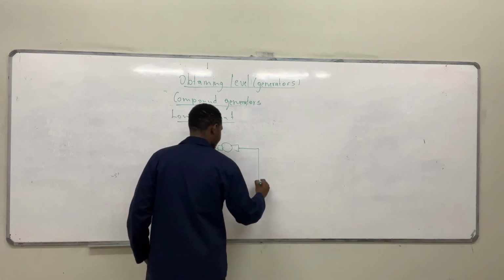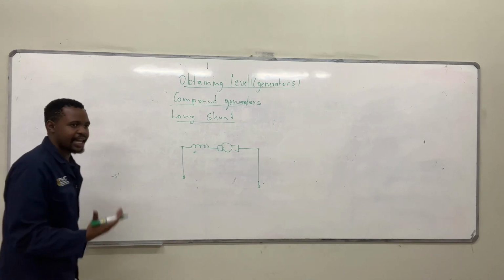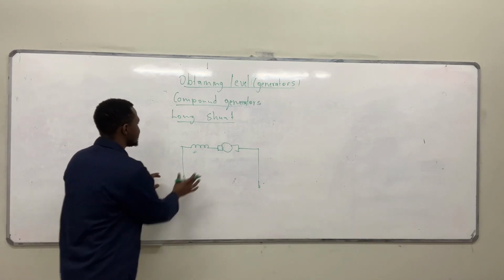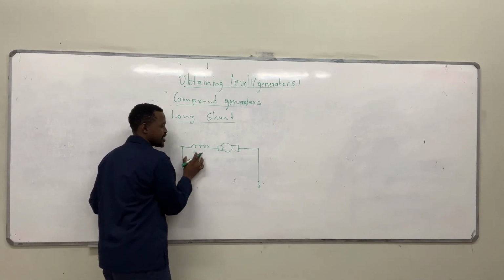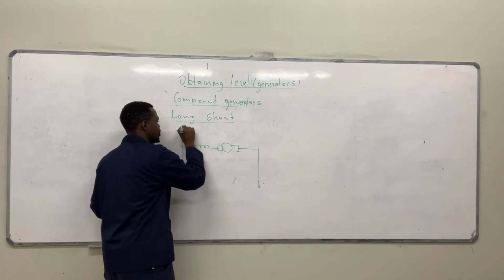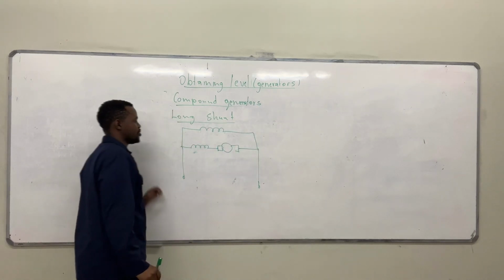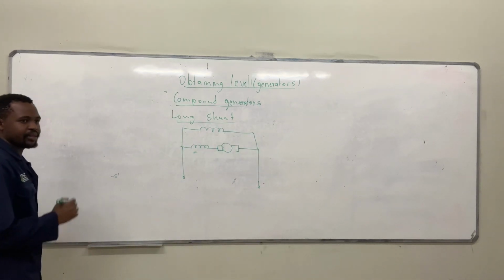Then it is called long shunt because we are shunting both the series field winding and the armature. That is why we call it a long shunt. Shunt means parallel, no?